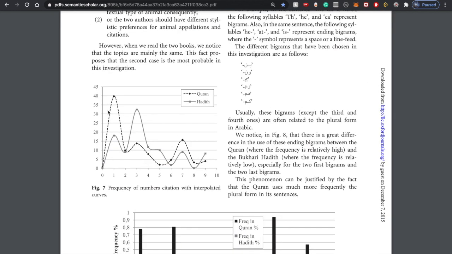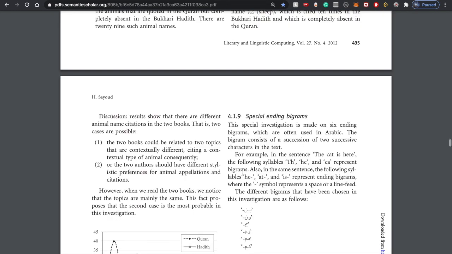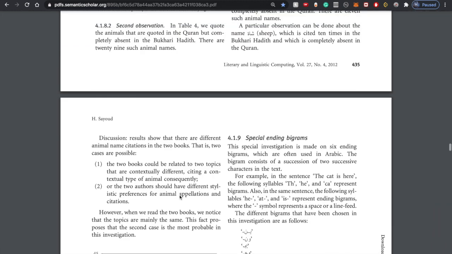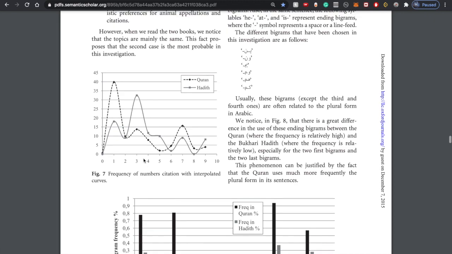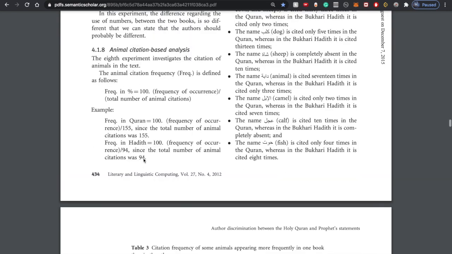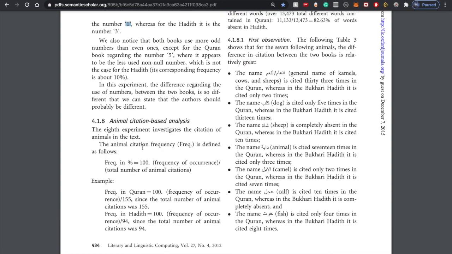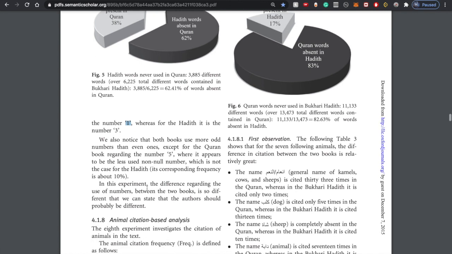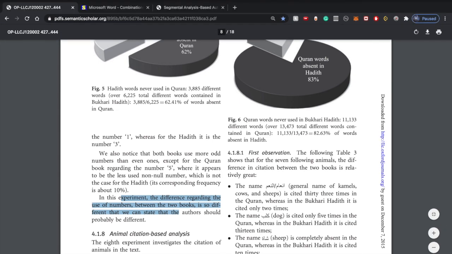So of course, you do not expect this from the same author, I should say, right? You don't expect it from the same author. So let's see what they say about it. In this experiment, the difference regarding the use of numbers between the two books is so different that we can state that the authors should probably be different. So it's so different.